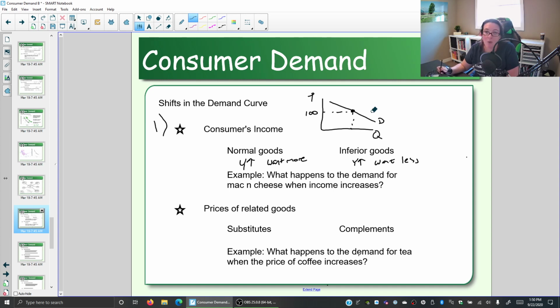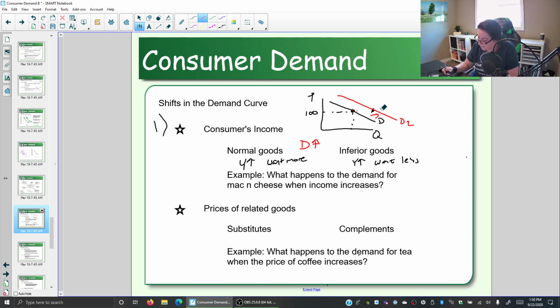So notice that new point is not on the demand curve. We, in fact, have shifted the demand curve to the right. Demand has increased. So with a normal good, if your income goes up, demand increases. There's a shift to the right because at the current price, the quantity demanded is higher.